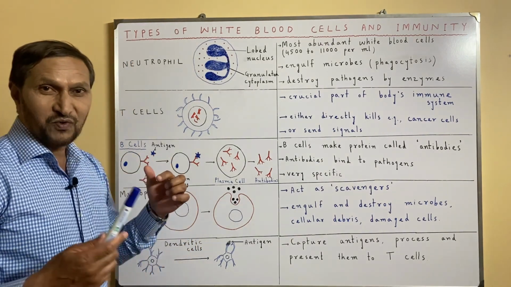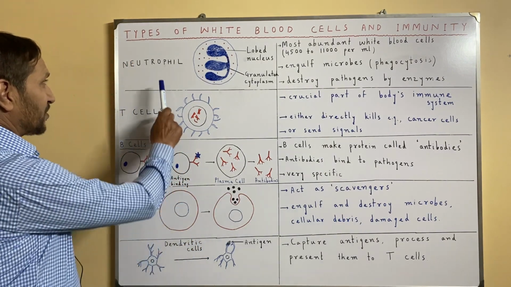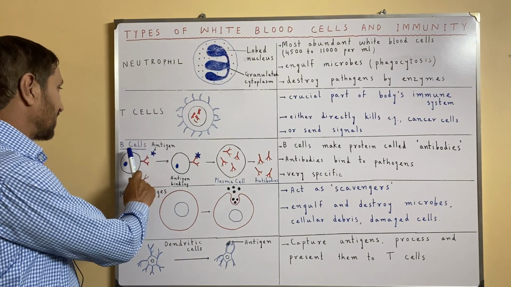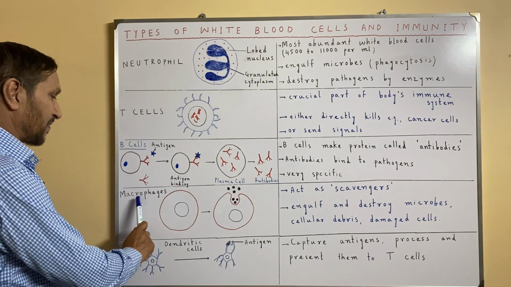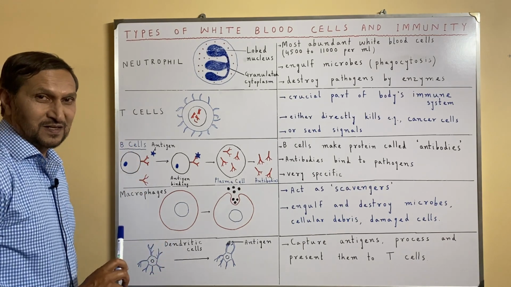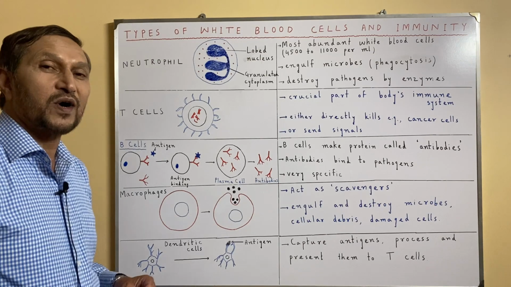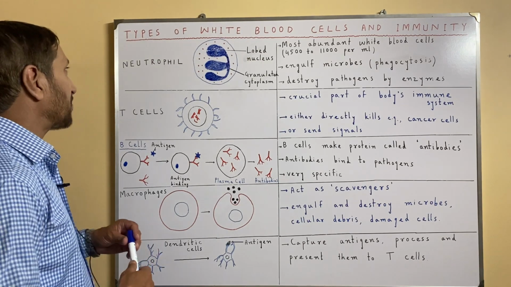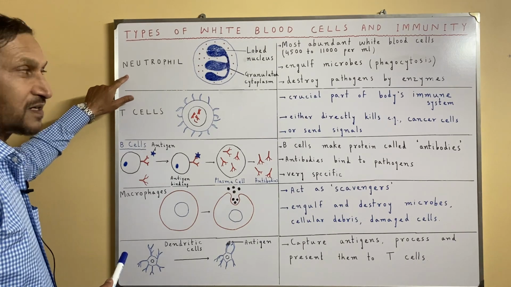The types of white blood cells are neutrophils, T cells or thymus cells, B cells, macrophages, and dendritic cells. These are the different types of white blood cells. Let's discuss and explain them one by one. Neutrophils.